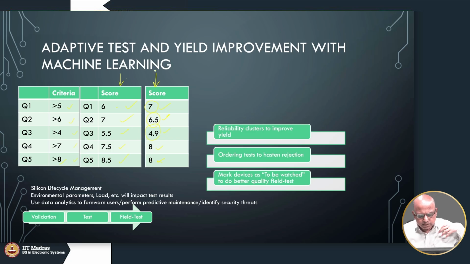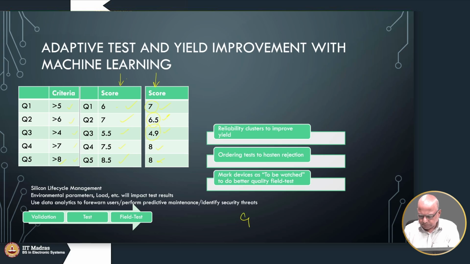In the same way, we may be running a number of tests. We are running stuck at fault, we are running bridge fault, we are running so many different tests, analog tests, memory based. So every chip will get a score for each of the tests that we are running, and we have to decide how we are going to grade these chips based on all this information.